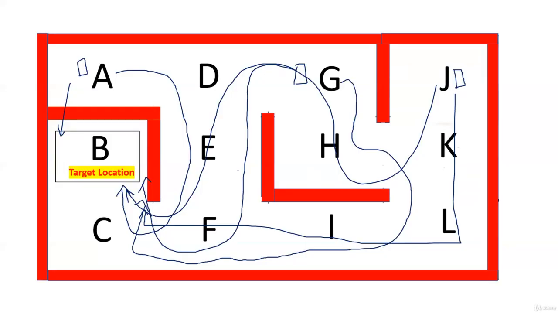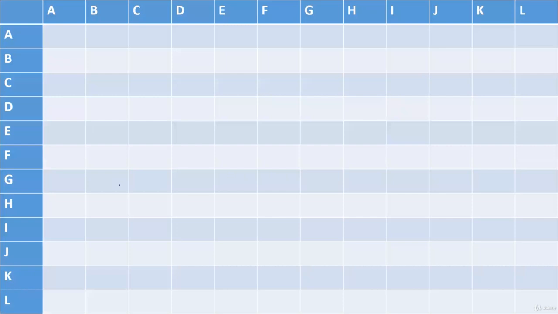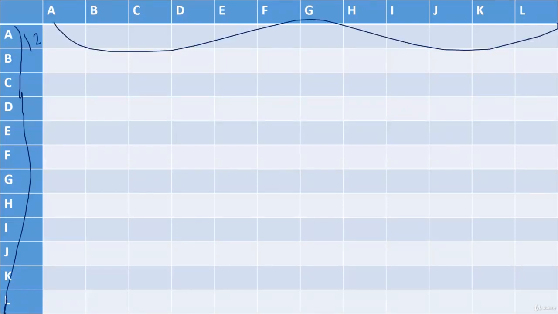So now first we will decide how to fill this matrix. What is this matrix all about? You can see there are 12 rows and 12 columns. How do we actually make this?